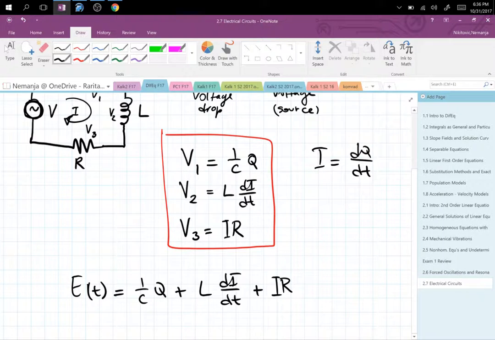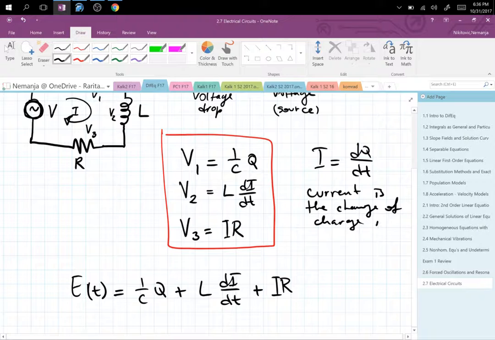Current is the change of charge in time. So you have the flow of current through the wire or through the resistor.